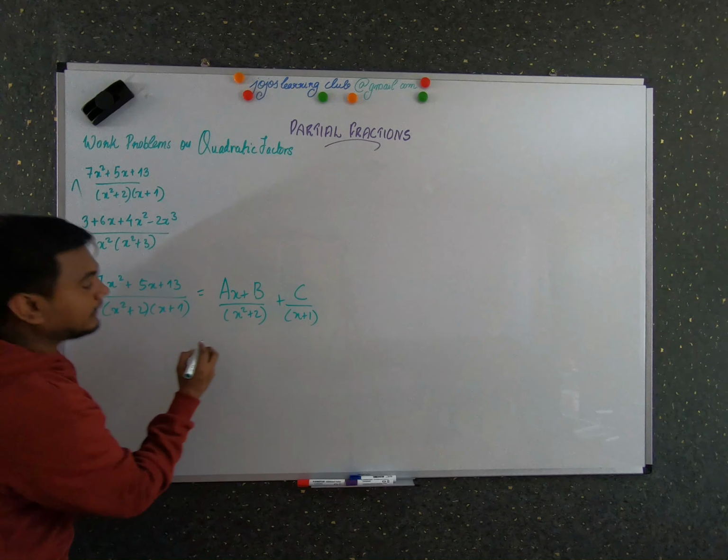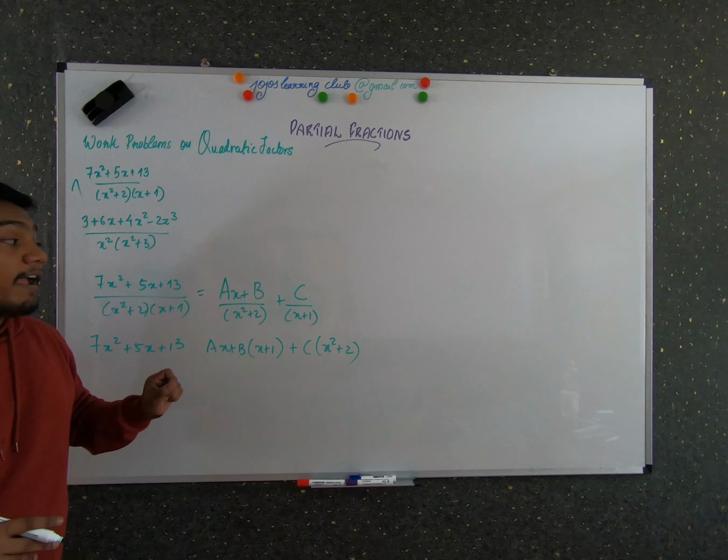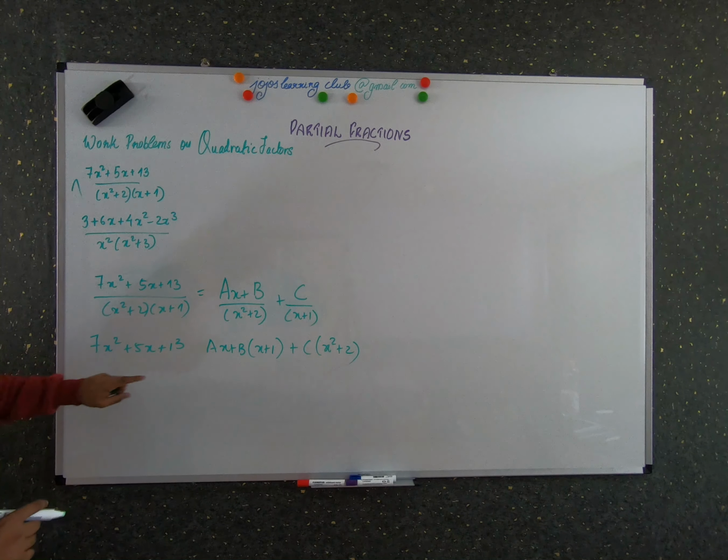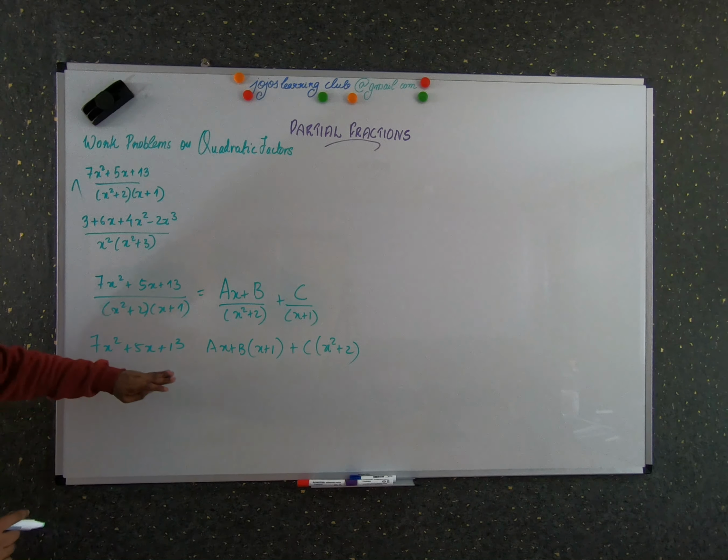Now let's write the LHS of it, 7x square plus 5x plus 13. Why did I do that? Recollect that when you have to take the LCM because their denominators are of different value, to do algebraic addition, you can do it only when their denominators are the same value, same as with numbers. Okay, so now you have this term, and here, first do the trial and error method. Put x equal to -1.